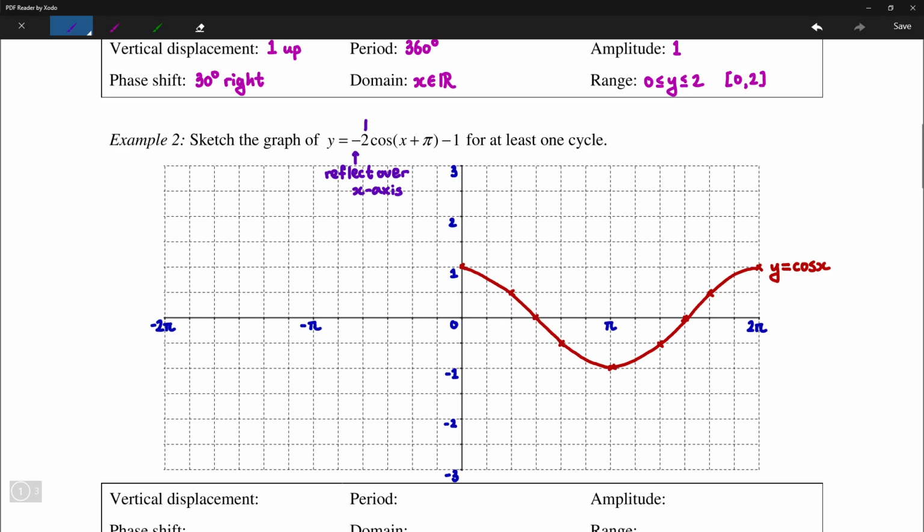There's a vertical stretch by 2. The graph is translated pi units to the left, and 1 unit down.